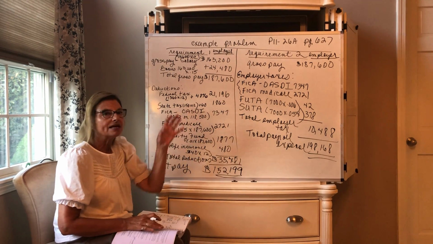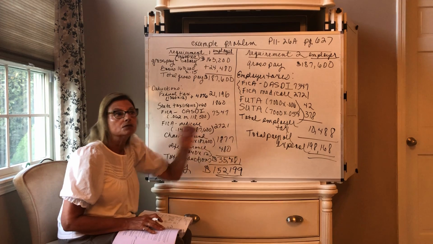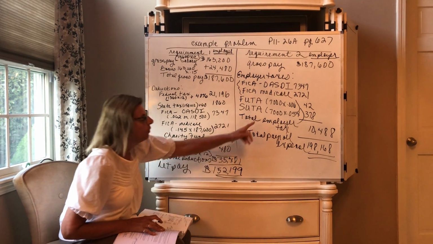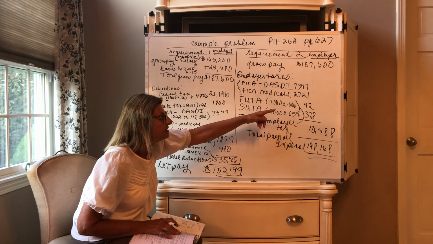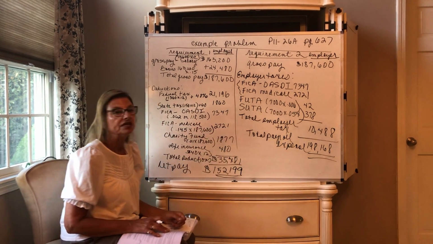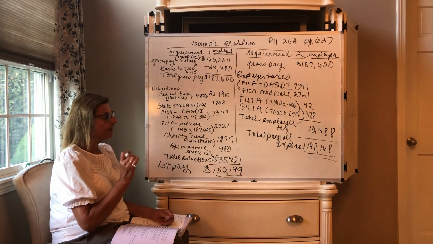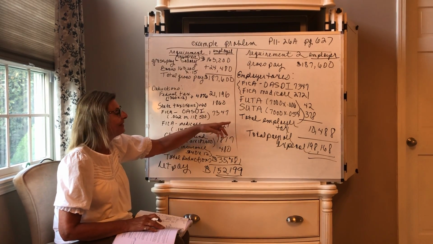The federal just steps in to back up the states if they need it. Really the state is where the money comes from. So we have 42 for the one that's less than 1%, 0.006, and 378 for the 5.4%. Again, only on the first 7,000. Sorry, I went downhill a little bit here. I tend to do that.